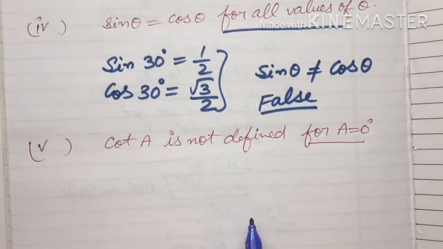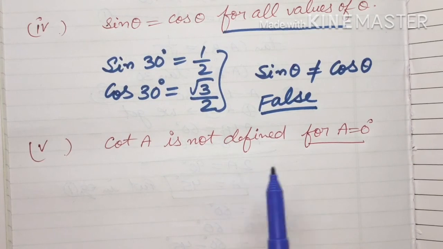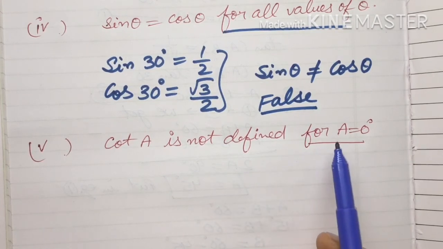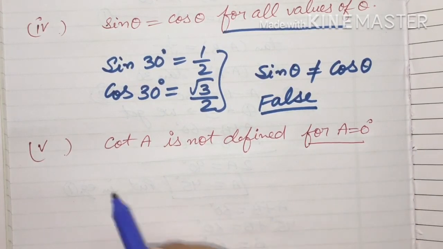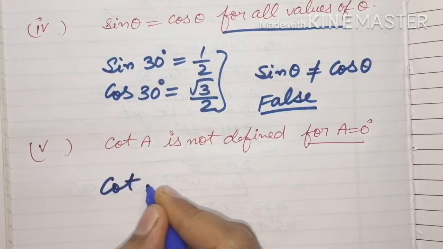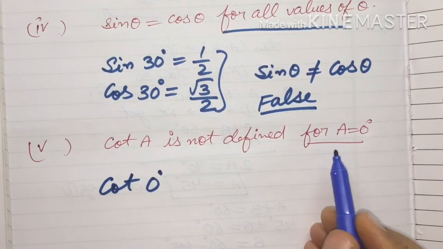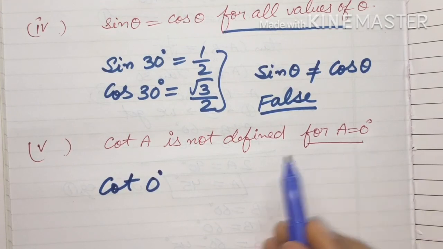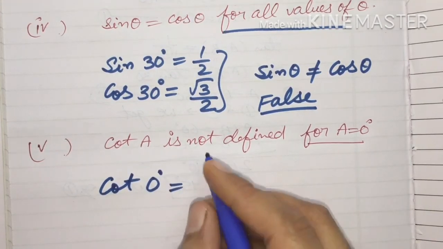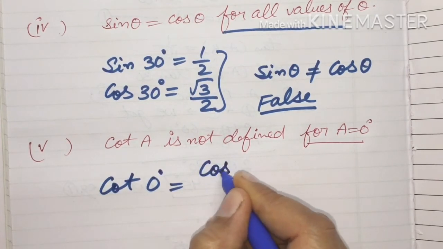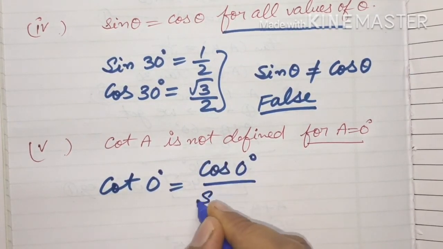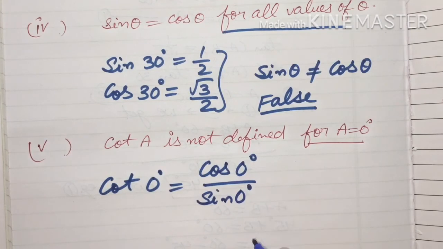Fifth part, cot A is not defined for A equal to 0 degree. Let's check that. Cot 0 degree, because this angle is given as 0 degree. So what we can write, cot 0 degree is cos 0 degree upon sine 0 degree.